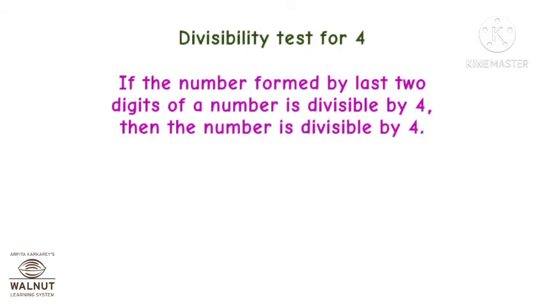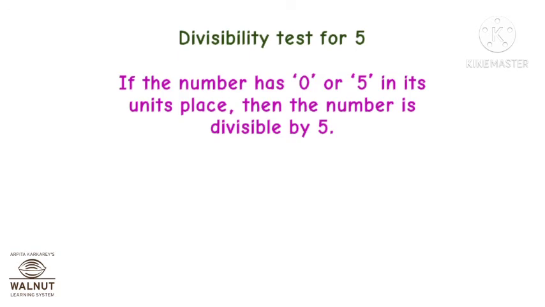Divisibility test for 4. If the number formed by last 2 digits of a number is divisible by 4, then the number is divisible by 4. Divisibility test for 5. If the number has 0 or 5 in its units place, then the number is divisible by 5.